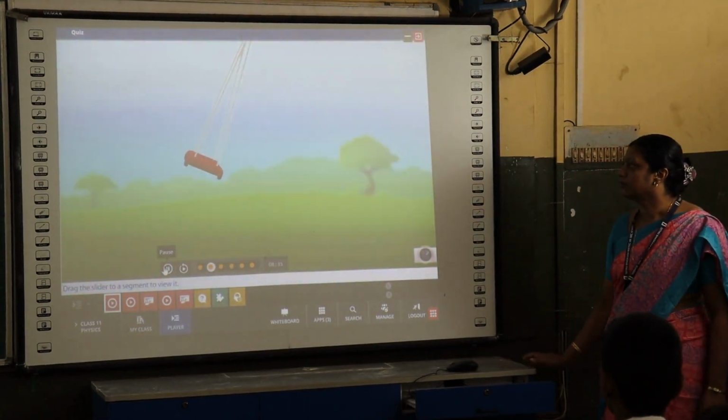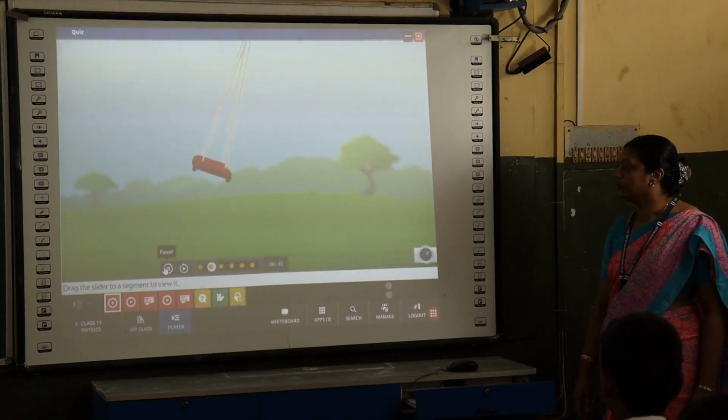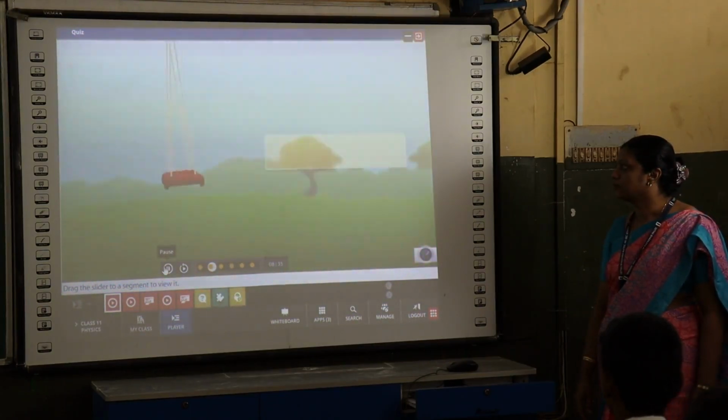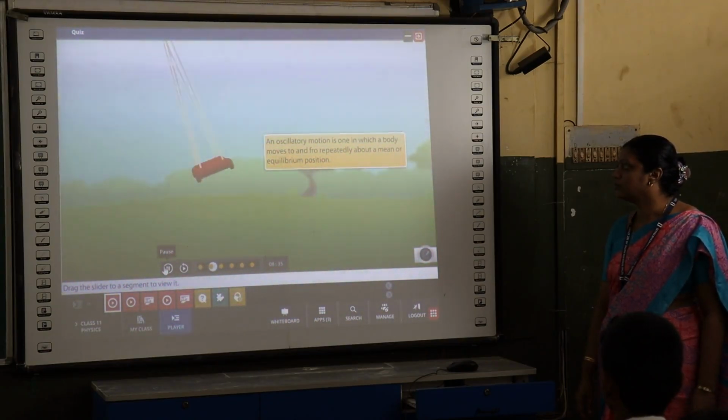Observe the movement of a swing. This is an oscillatory motion. An oscillatory motion is one in which a body moves to and fro repeatedly about a mean or equilibrium position.